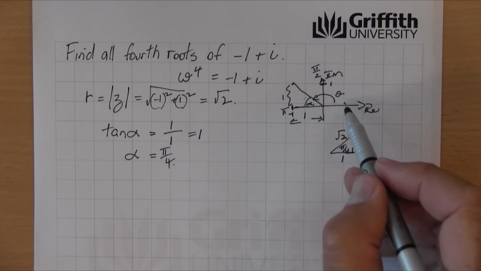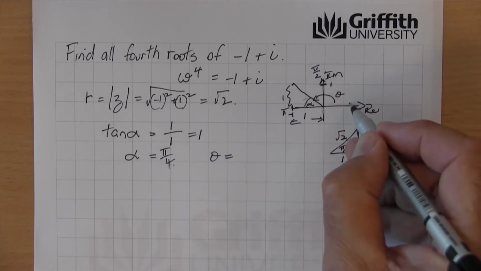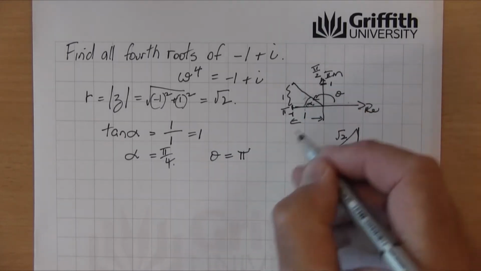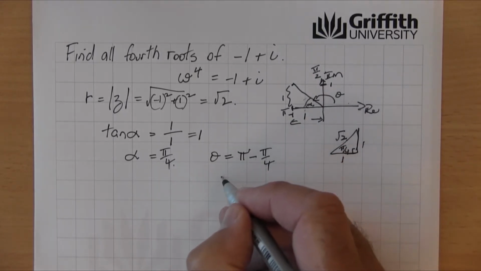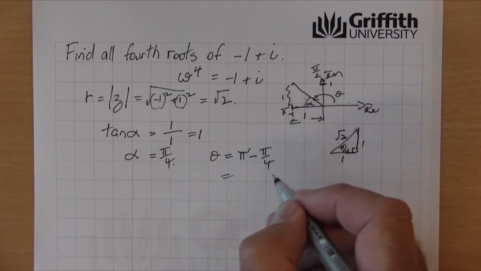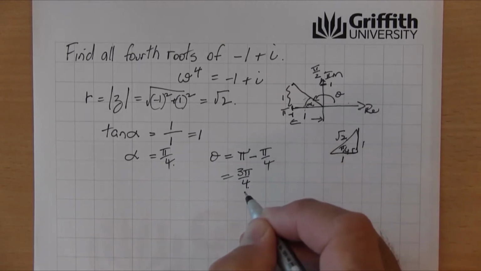So now we can say that theta is equal to, all the way around there, to pi, and we've got to come back alpha, so we go back pi on 4. Now pi is 4 pi on 4, so 4 pi on 4 minus 1 pi on 4 is 3 pi on 4.